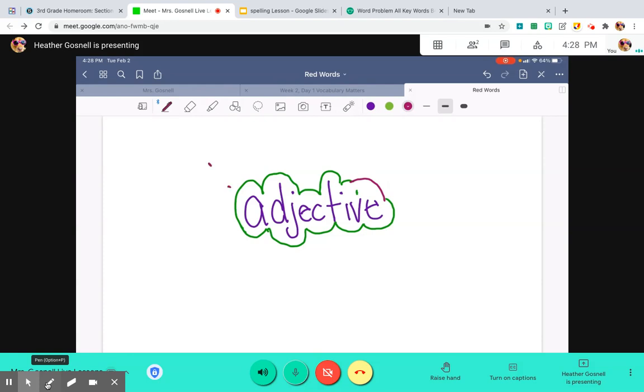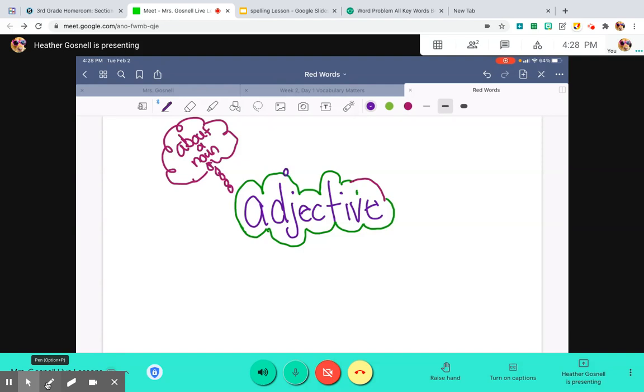It tells us all about the noun. Not all about it, but what kind and how many. So when I say what kind, this is the things I'm talking about.